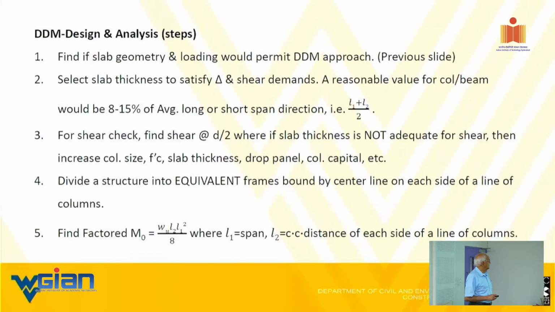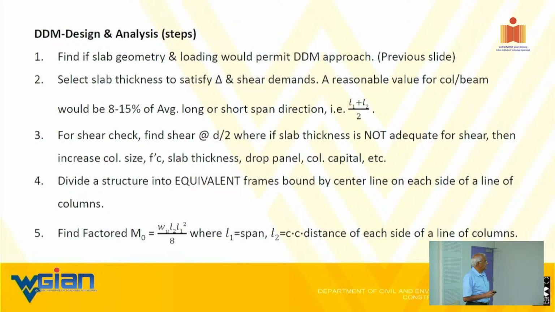So the direct design methodology, certain things we need to assume. We are typically assuming about 10% of the span length, which is an average value. Remember, about 10% is a good number, even though they give you a range. That is the critical part of it. Then shear check.